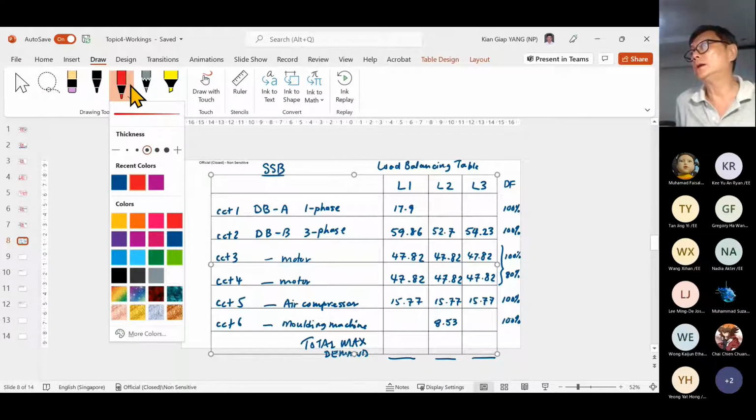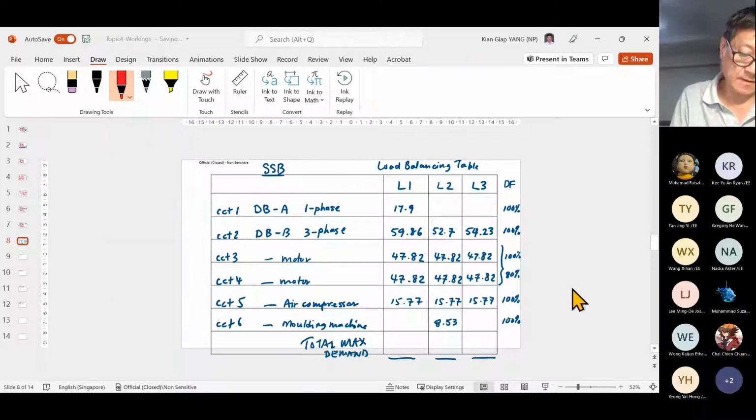Who is going to give me the first L1 total maximum demand? Hello? Is there anybody out there?